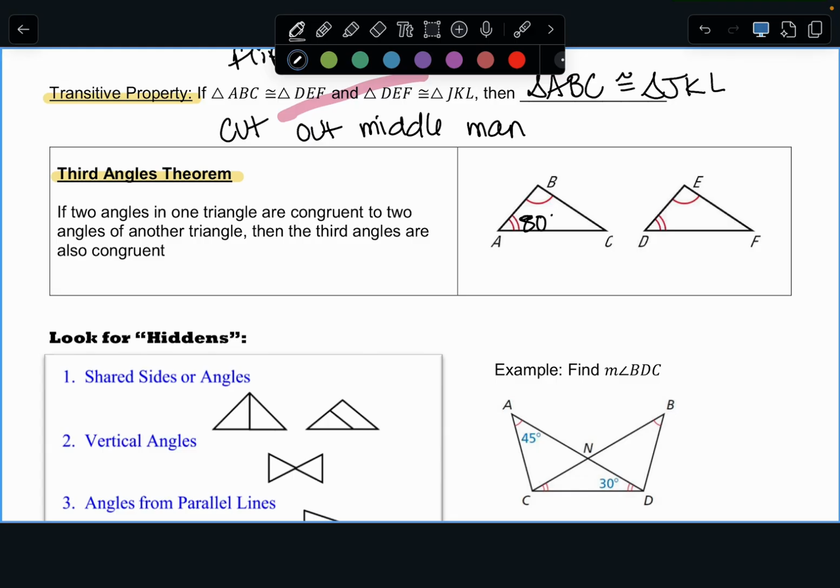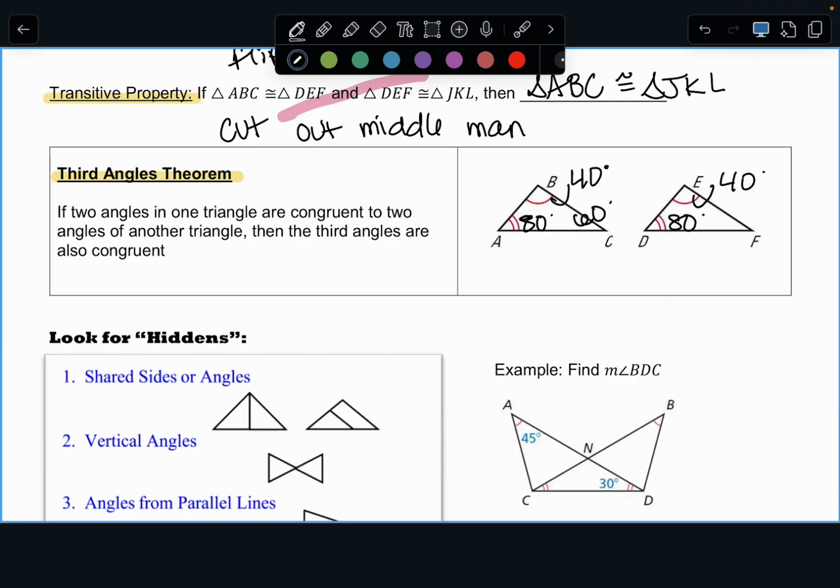What's angle D if angle A is 80 degrees? 80. Let's say angle B is 40 degrees. What's angle E? 40 degrees. How would I find angle C? 40 plus 80, and we would subtract it from 180. What would angle C be? 60. How would I find angle F? 60.